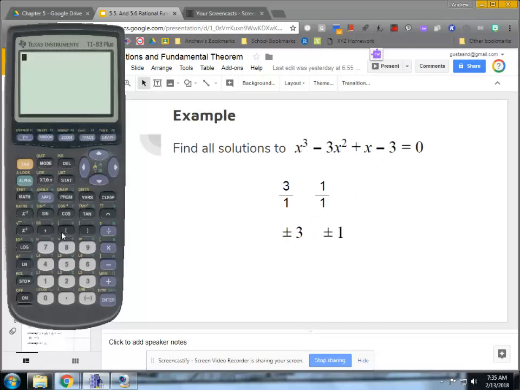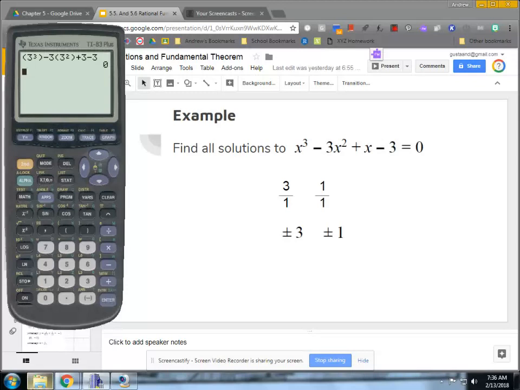So if I do 3 cubed minus 3 times 3 squared plus 3 minus 3, I get 0. All right, good guess again. So one of the solutions is 3. I could try more, but I'm going to go with 3 for now.